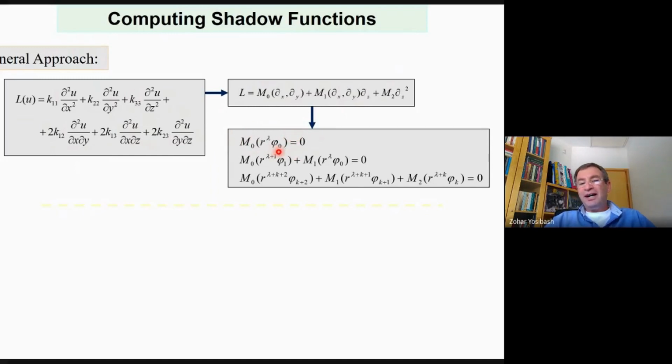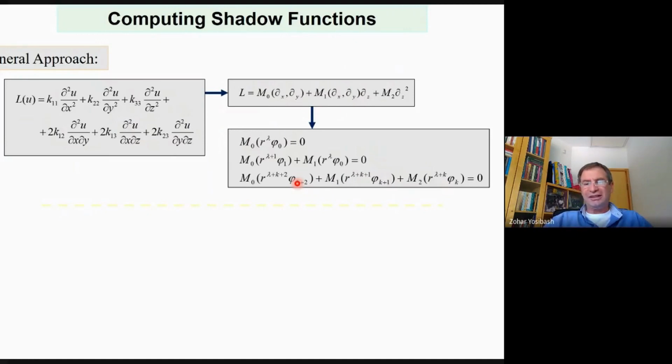Then if we find phi 0 and lambda, we can plug them in here, move this term to the right-hand side, and now we have an equation to compute the first shadow. Once we have the first shadow and phi 0, we can plug them here and find phi 2. If we have phi 2, we plug it here with phi 1, and we have phi 3, and so we can compute all the series that we would like.